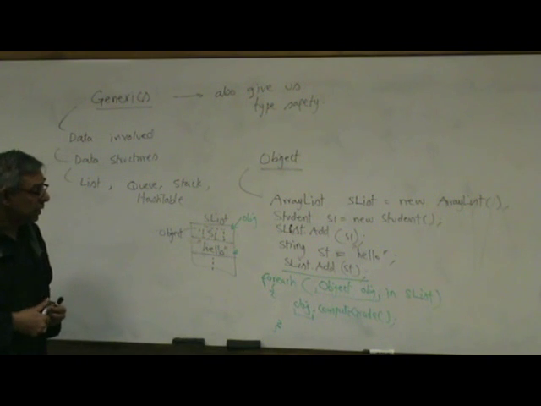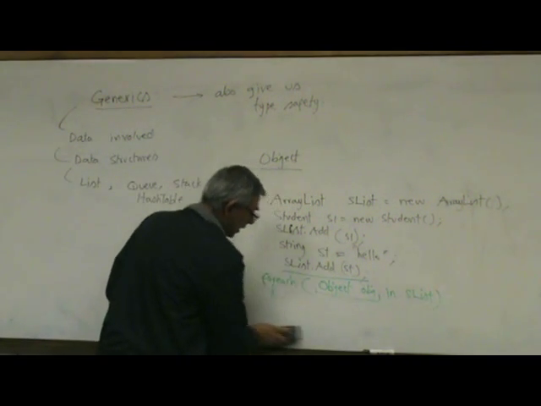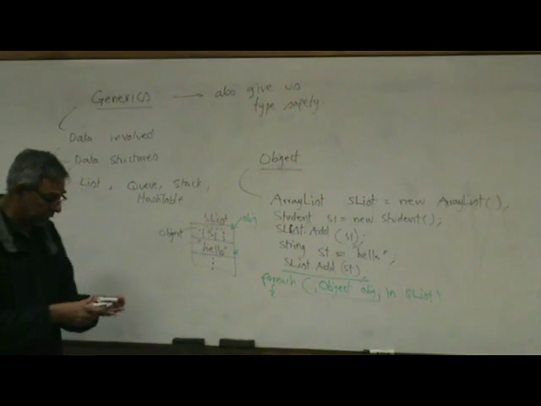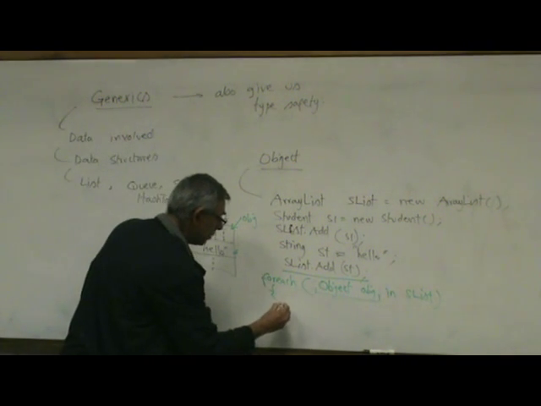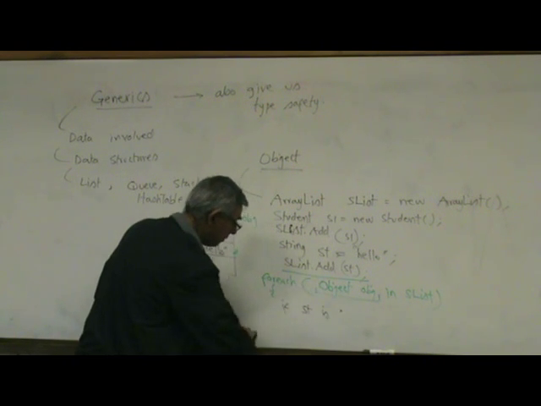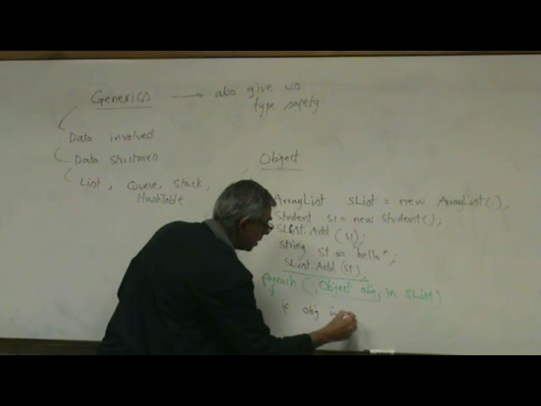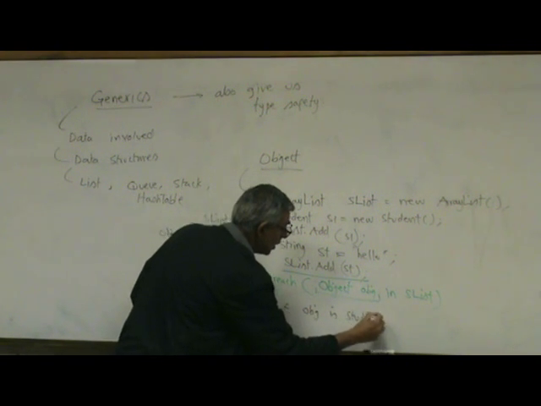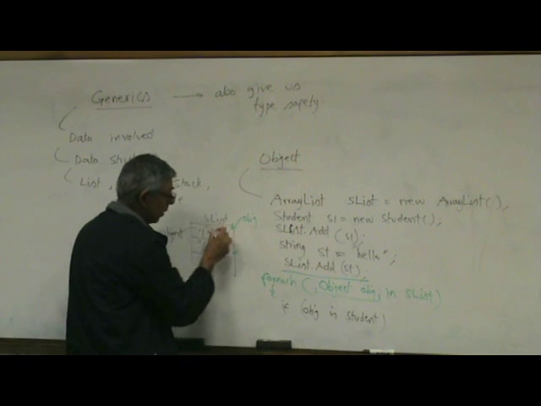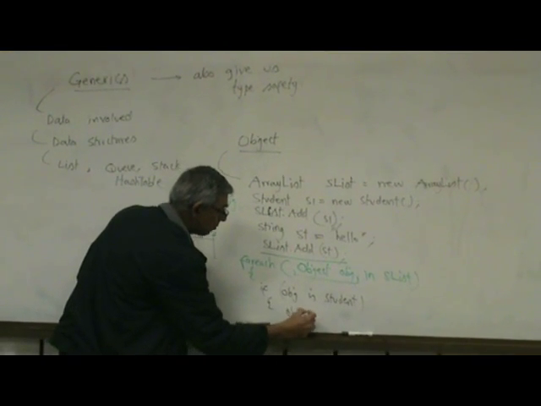so the compiler won't even let us run the program, right? So what's the solution, if you recall? Is or as or reflection, right? So we will do if obj is student. So we'll check, is obj pointing to a student, right? Then can we do obj.computeGrade?